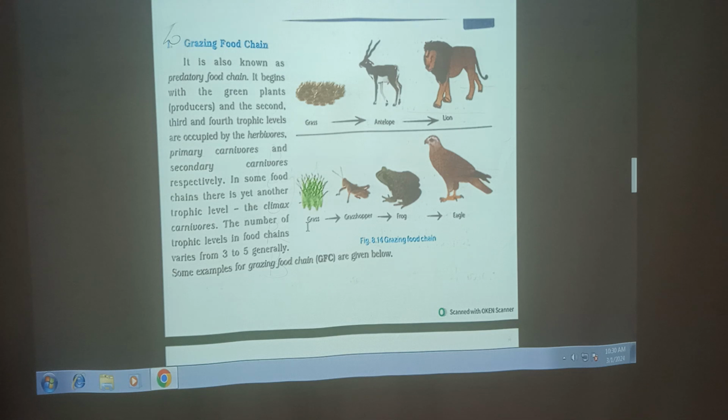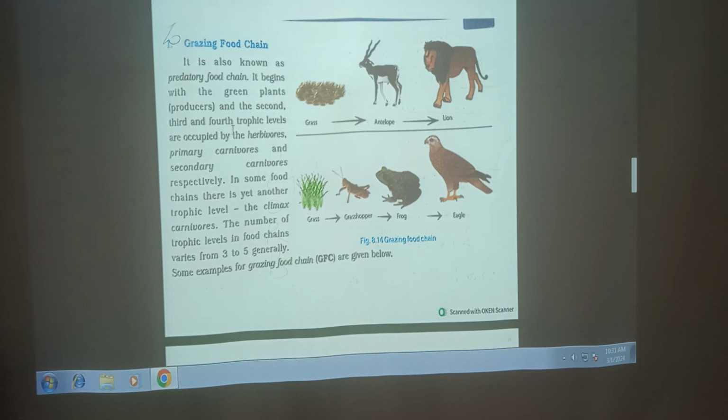Another example: grasshopper feeds on grass, frog feeds on grasshopper, and eagle feeds on frog. This is the chain model: grasshopper, frog, eagle. It is an example of the grazing food chain, also known as the predatory food chain. It begins with green plants, the producers.